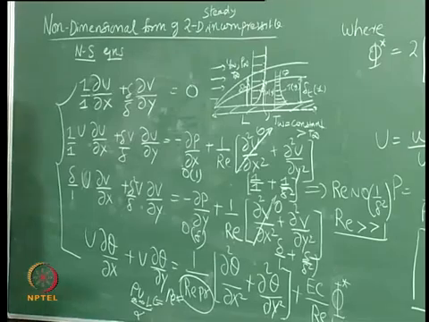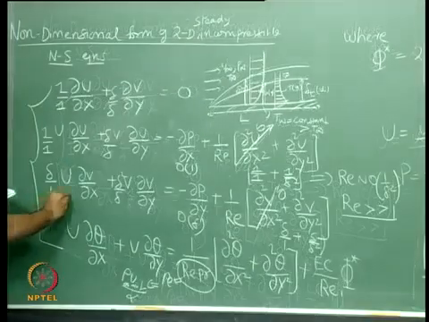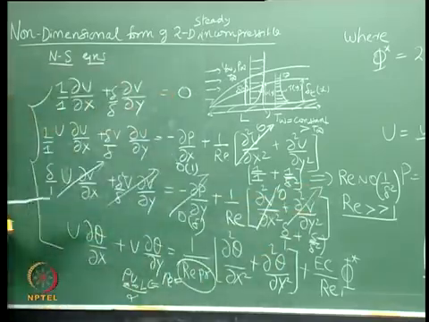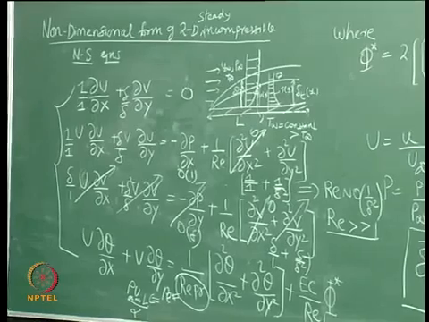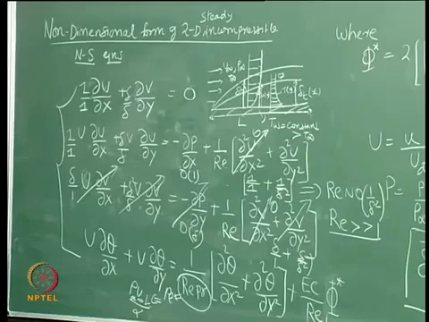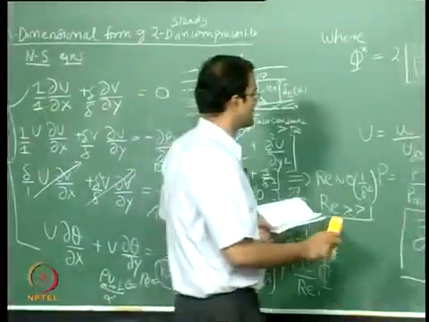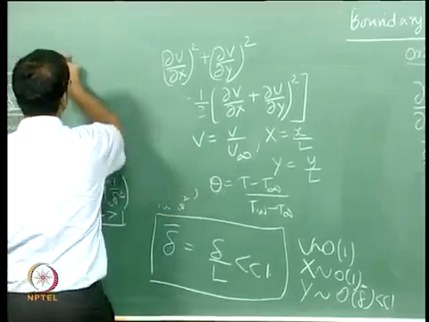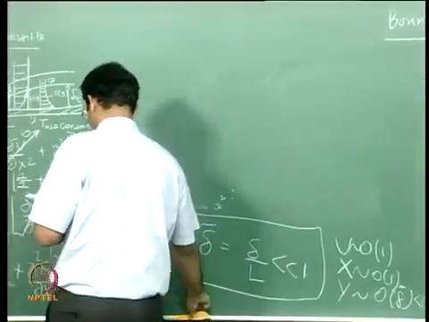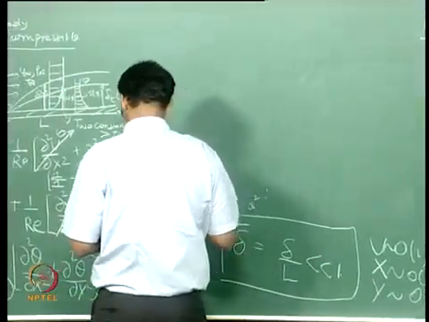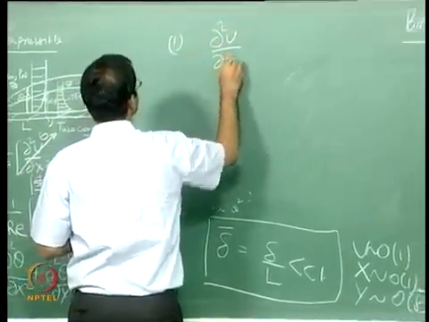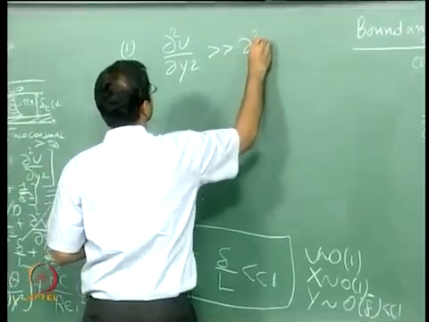So all the terms in the y momentum equation are very small. Already your delta is very small, right? So you can safely say that you can neglect all the terms without making much difference. If you are operating at high Reynolds number, all the y momentum terms are of extremely small order of magnitude. Therefore, what comes out of this particular order of magnitude analysis is that, number 1, your d square u by dy square is much greater than what?